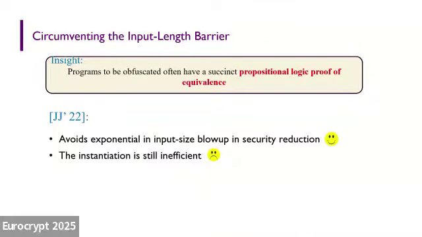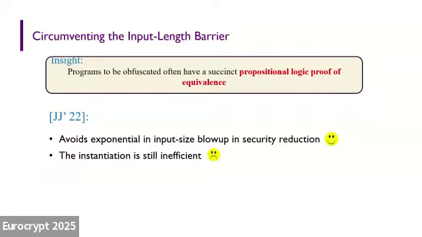For more details, Zhang and Jun's construction only relies on the fact that a succinct propositional logic proof exists, but doesn't suppose it to be even computable. If such a proof exists, then their method can circumvent the exponential security loss in the hybrid argument.